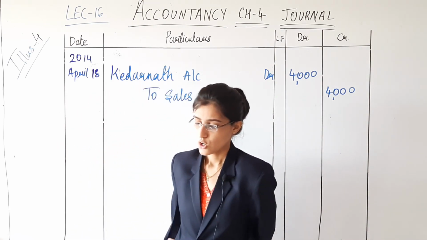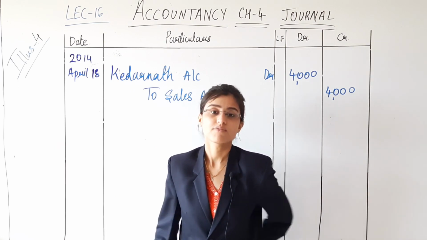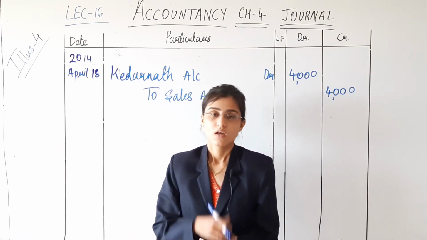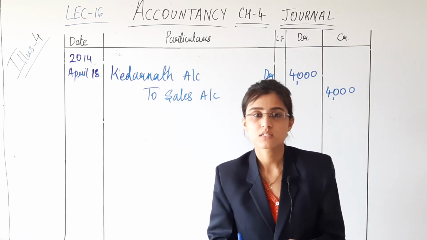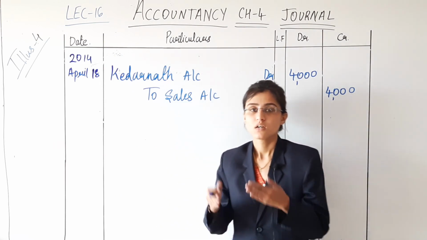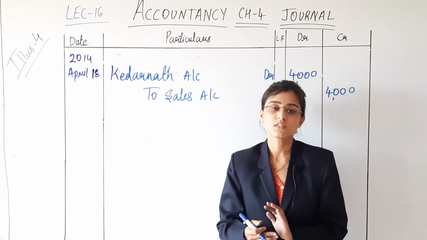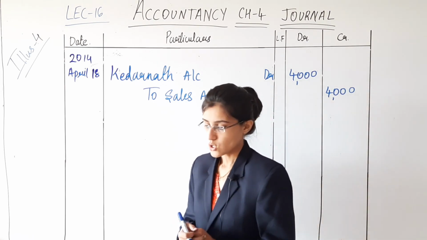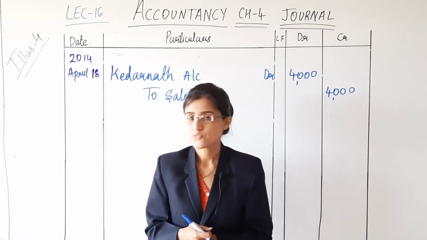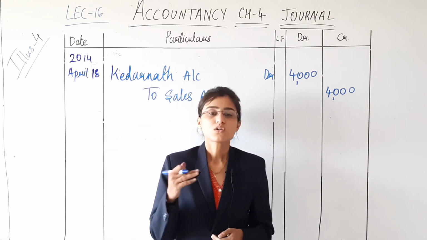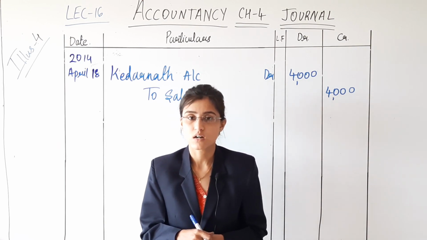It says loss on goods destroyed by fire account debit. Loss and expense: all the expenses and losses are always debited, and this is the reason they have written loss on goods destroyed by fire account debit 1500 to purchase account.